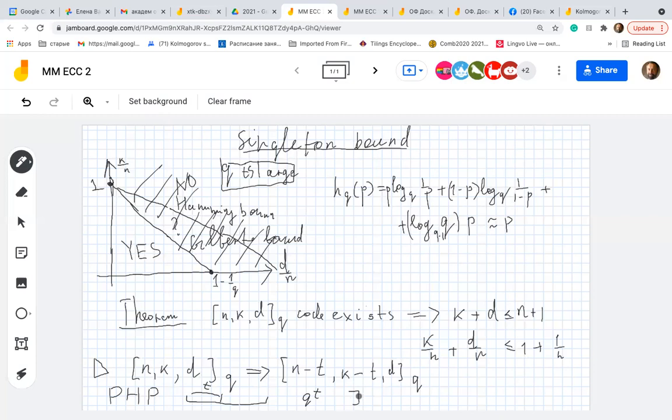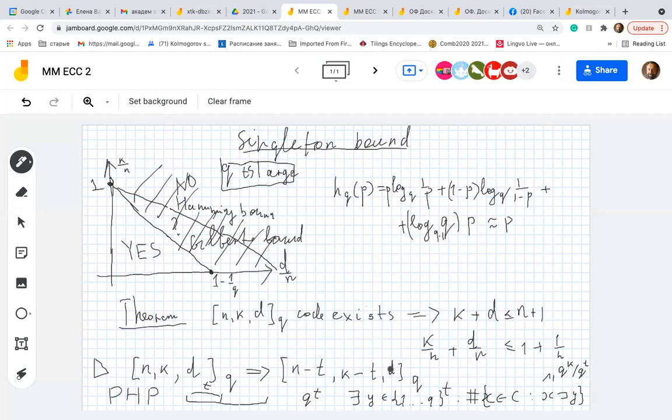So there is a string, call it say y, of length t, such that the number of code words in our code that have that prefix is at least the number of code words, q to the k, divided by the number of prefixes, q to the t. That means q to the k minus t.